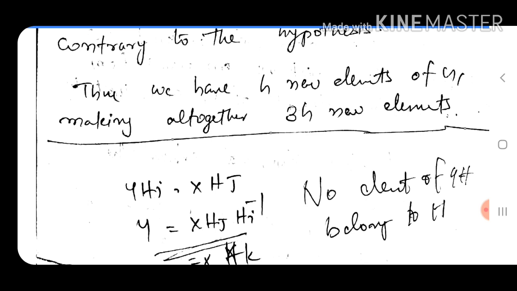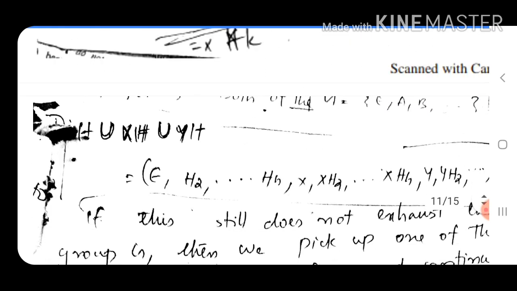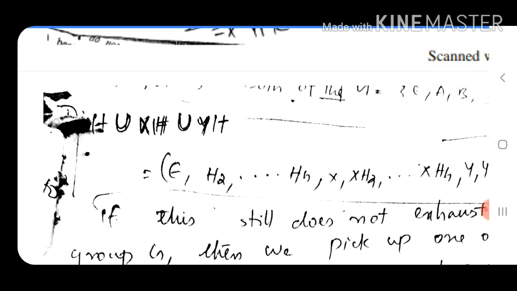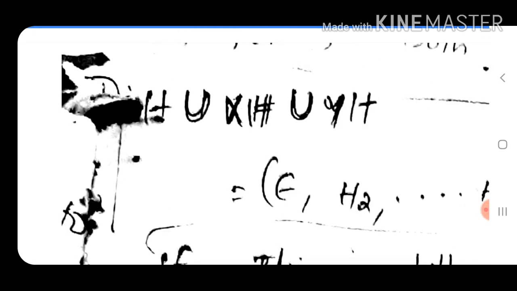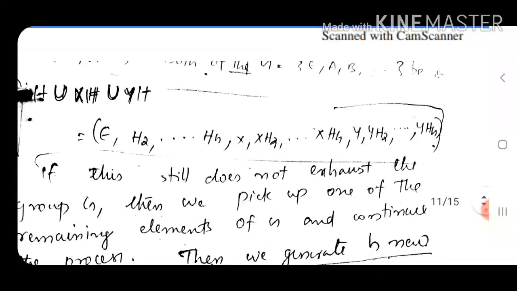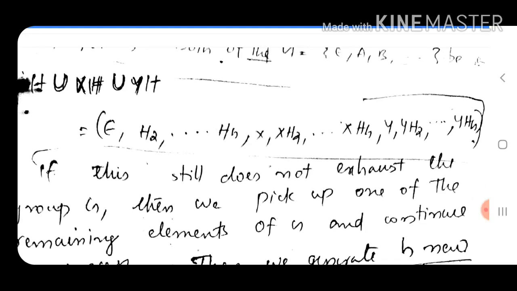So H union XH union YH will now contain 3h elements.